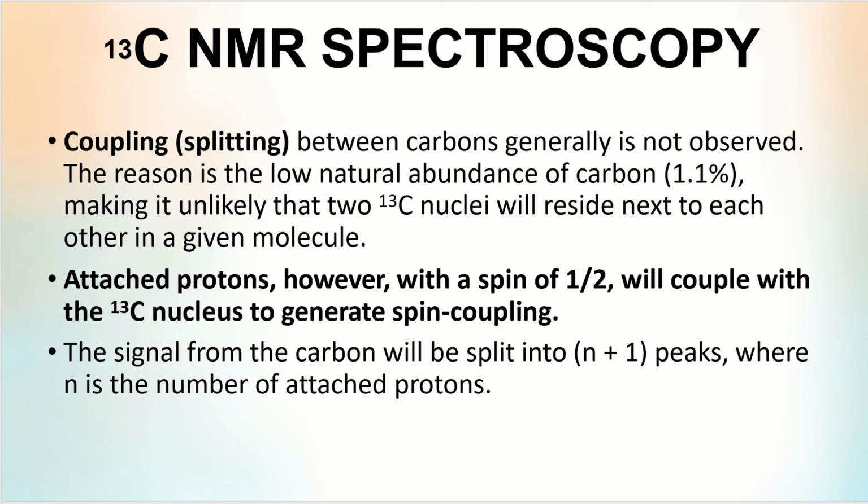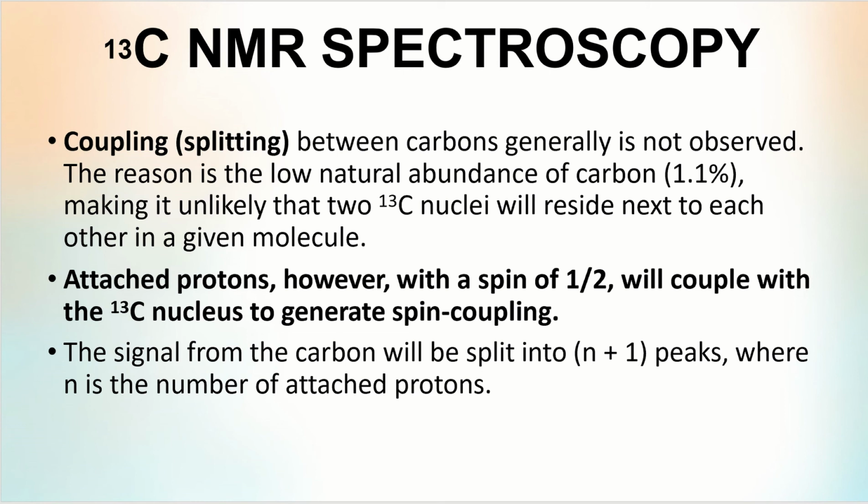So let me repeat that. Coupling or splitting between carbons generally is not observed. The reason is the low natural abundance of carbon-13, making it unlikely that two carbon-13 nuclei will reside next to each other in a given molecule.